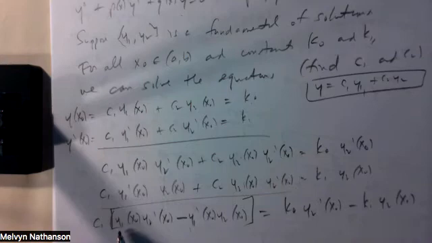Now, if this expression in the square brackets happens to be 0, the left-hand side is 0, and the only way I would be able to solve this equation is if the right-hand side was 0.